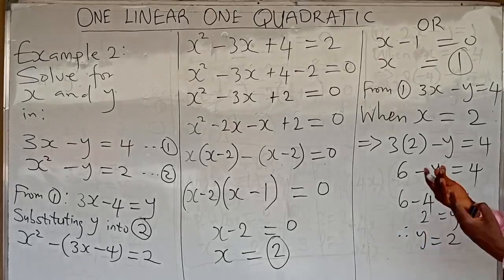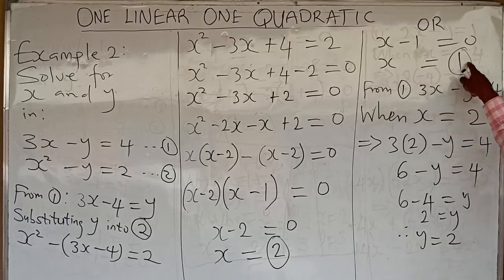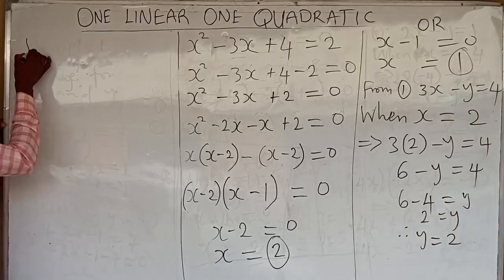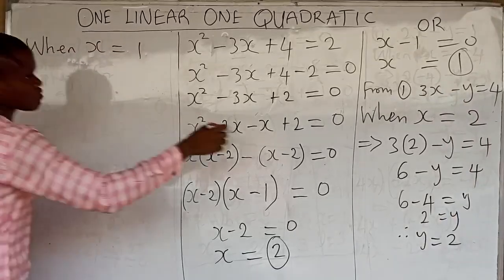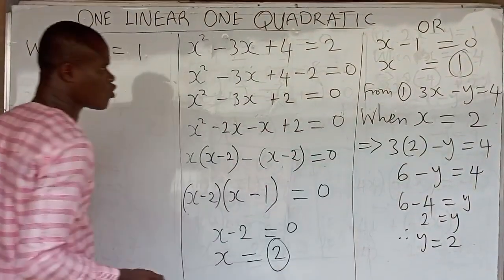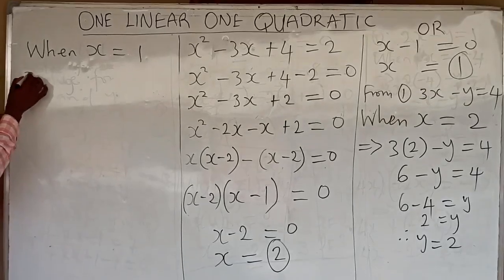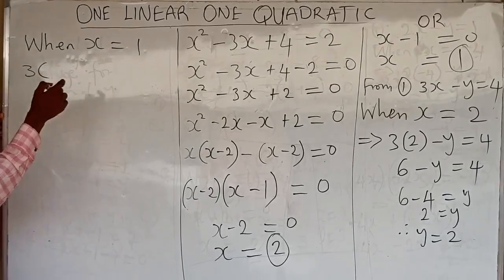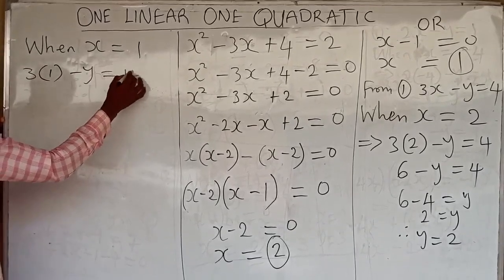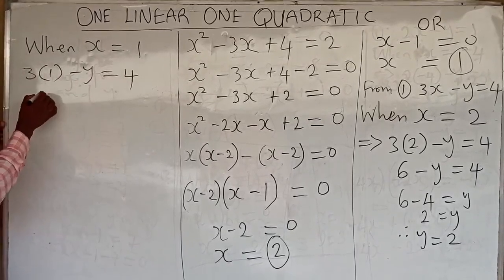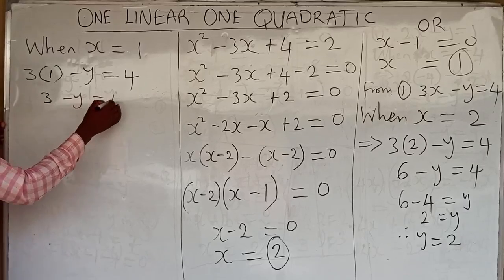Now let's get the corresponding value of y when x is equal to 1. So when x is equal to 1, go back to equation 1, 3x minus y equal to 4. It becomes 3, instead of writing x, I will write in bracket 1, then minus y equal to 4. 3 times 1 is 3, minus y equal to 4.